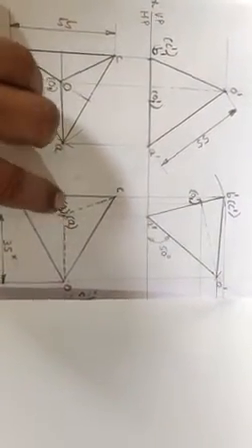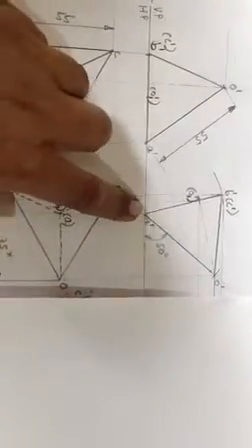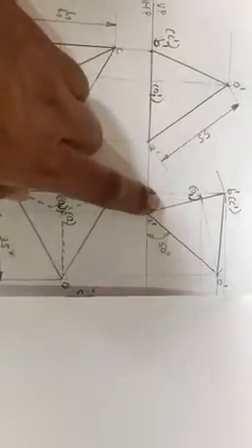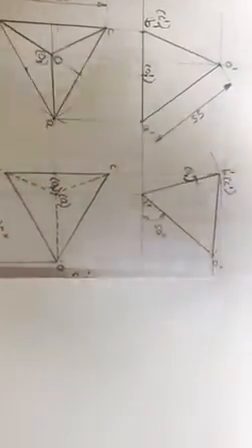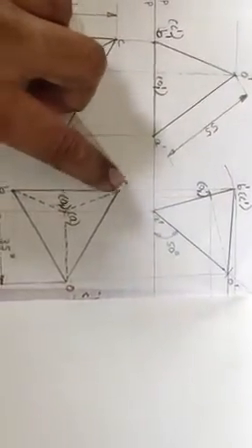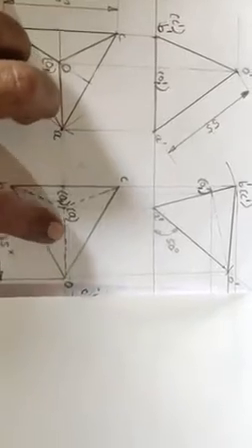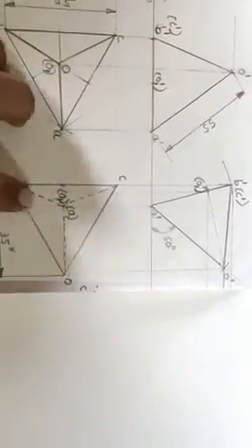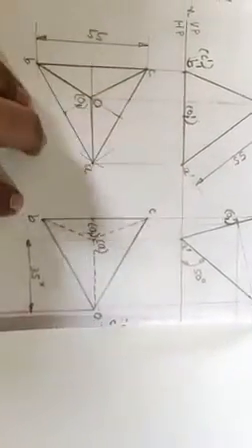Though they are near, O dash is somewhere, A is over here. So since A is not visible, if corner A is not visible, all the edges passing through that corner will not be visible. So this C dash A dash has to be dotted line. A dash O dash has to be dotted line. Okay, AB, AO dotted, AC dotted, AB dotted.